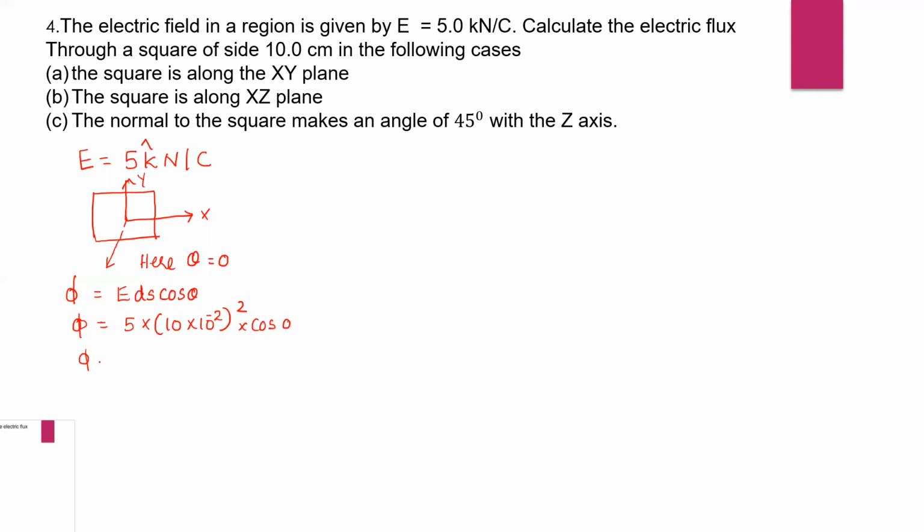That is phi is equal to 5 into 10 square is 100 into 10 raised to minus 4. 100 is 10 square, and 10 square into 10 raised to minus 4 is 10 raised to minus 2. So we will get the answer as 5 into 10 raised to minus 2 volt meter. This is the first case, case 1.